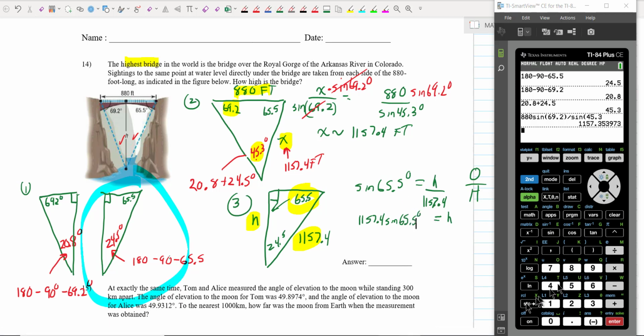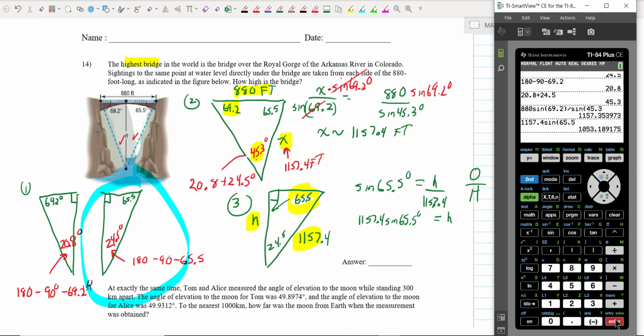Okay, so I'll just do that, 1157.4 for that hypotenuse times the sine of 65.5, that was a given angle. That should give the height. So this height is about, it doesn't say how to round, so let's round to one decimal, 1053.2 feet.